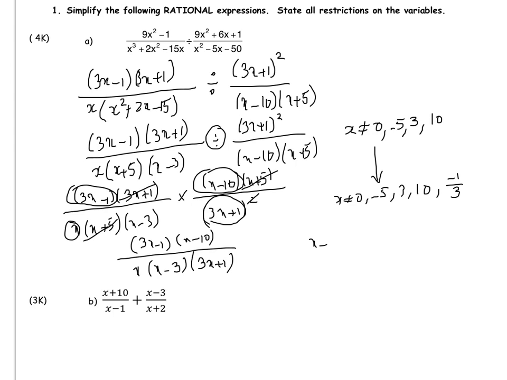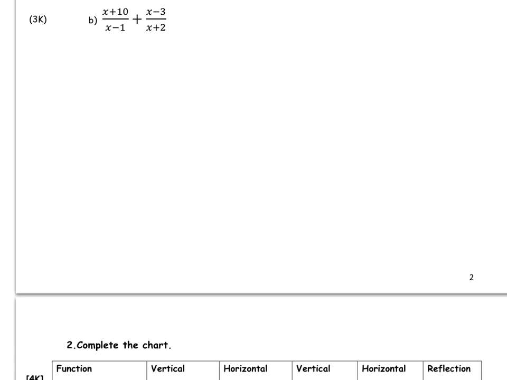And the restrictions stay the same, which is 0, negative 5, 3, 10, and negative 1 over 3. This is our final answer.